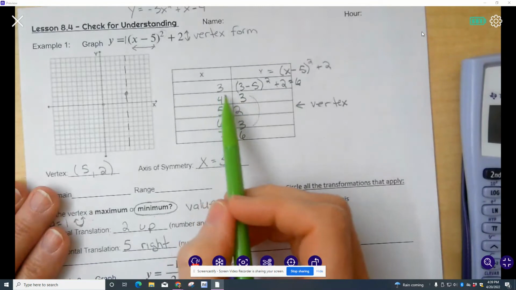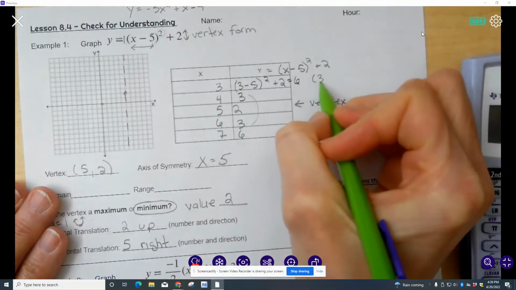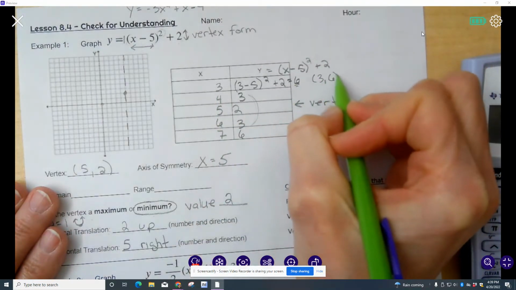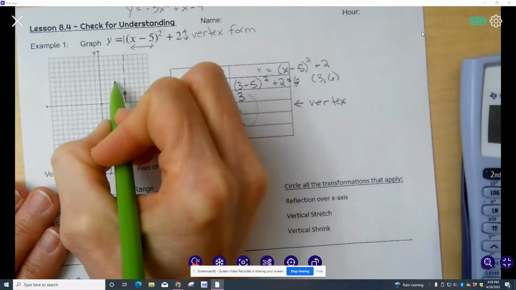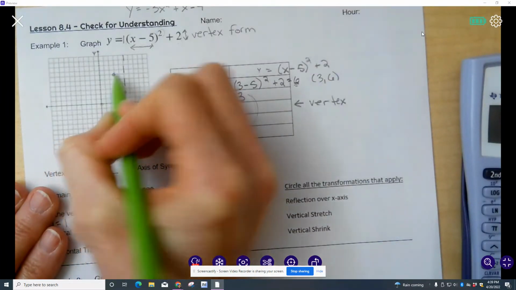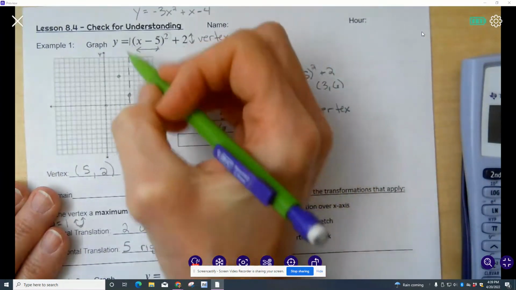Okay, now let's graph these points. So this is the coordinate point over 3, up 6. So I'm going to go over 1, 2, 3, up 1, 2, 3, 4, 5, 6, put a point. Now remember, these are symmetrical.